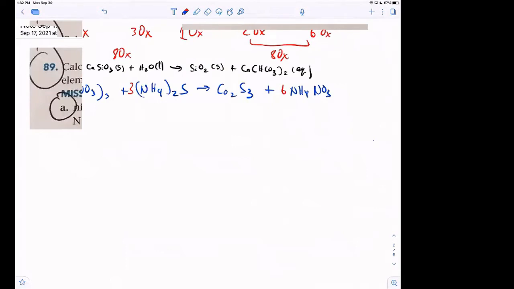So how would you do this without that? I guess you could do it by counting up all the hydrogens and oxygens. That would be a lot more difficult. I don't really want to do it that way because that would just probably confuse you guys.